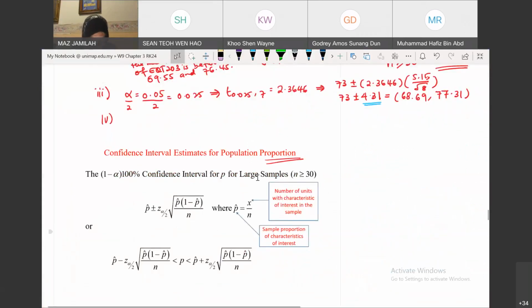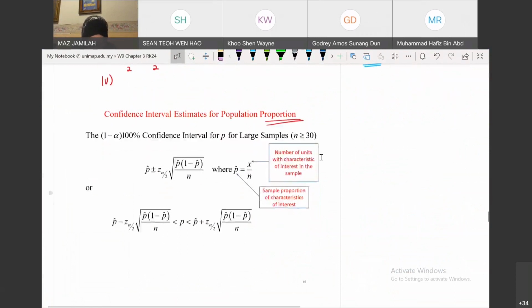Okay, how can we find the confidence interval for population proportion? If you look at your textbook on page 82, we are going to stop on page 82. For the proportion, you will have your p hat and your critical value.